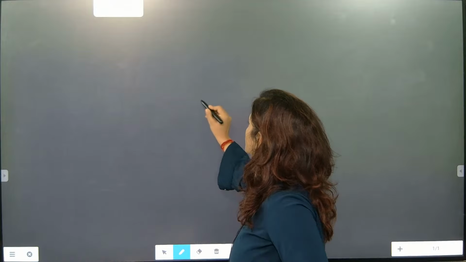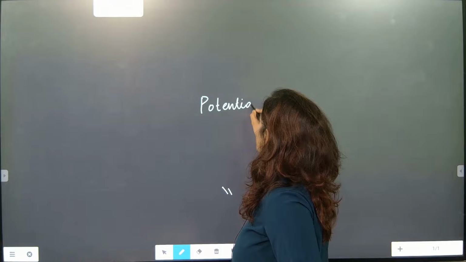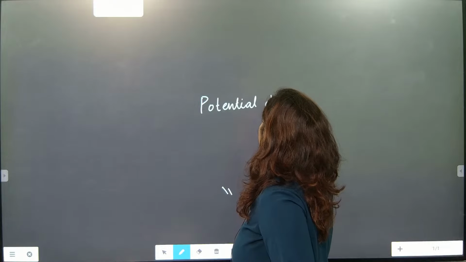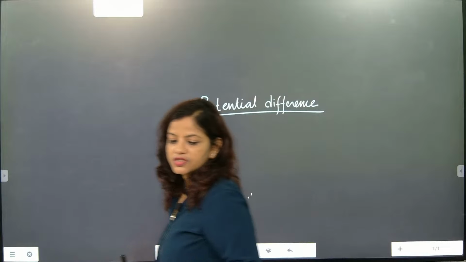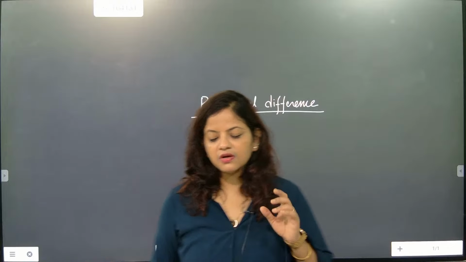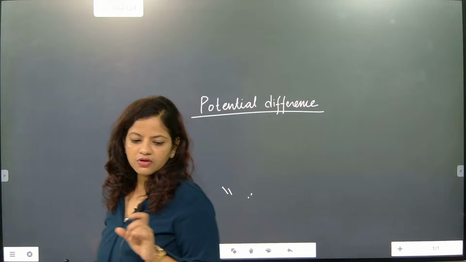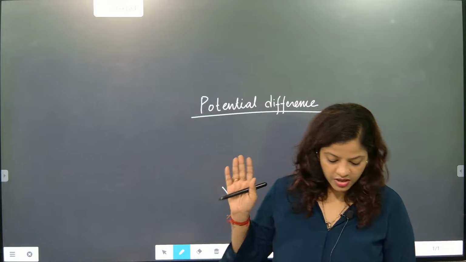If somebody asks you, the answer we are going to say is the potential difference. It's the potential difference across the wire, at the ends of the wire.